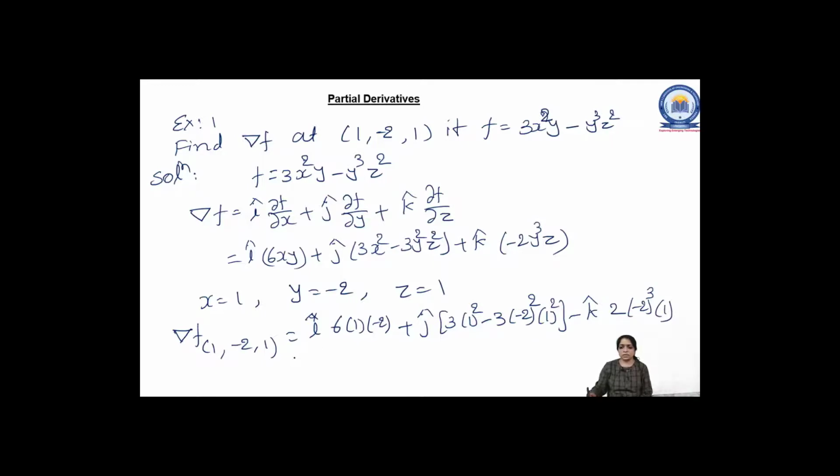So after simplification our final answer is -12i. Here 3 minus 3 times 4, that is 3 minus 12 plus 9... so the j part is -9j, and here minus 8 into 2 is 16, minus times minus is plus, so plus 16k. So students, this is the final answer for the gradient of f at the given point (1, -2, 1).